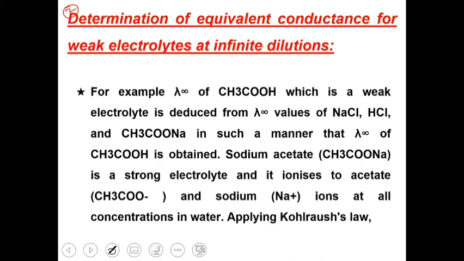Now here it is very simple. By using the equivalent conductance of strong electrolytes, we can easily calculate the equivalent conductance of weak electrolytes. For example, if you want to calculate the lambda infinity of CH3COOH, then we can use the lambda infinity values of NaCl, HCl, and CH3COONa.